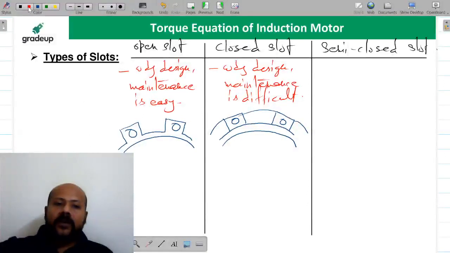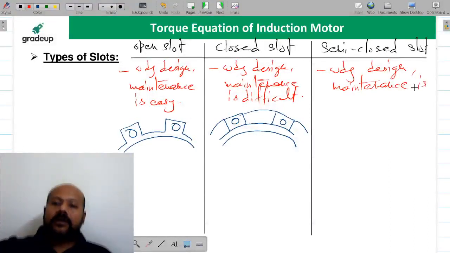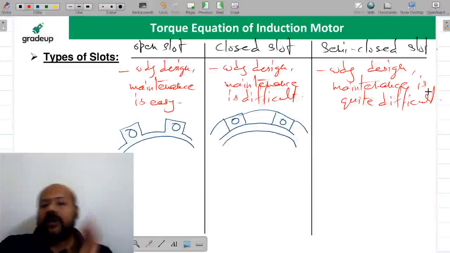Now we are coming to the semi-closed slots. For the semi-closed slots, the winding design and maintenance is quite difficult. The meaning is it is going to be difficult even more in comparison to the closed slots.